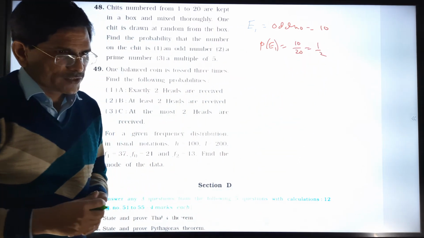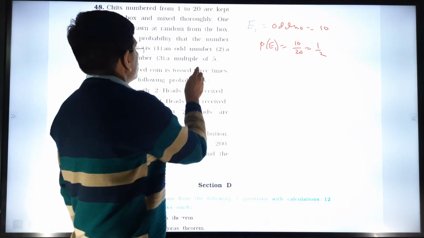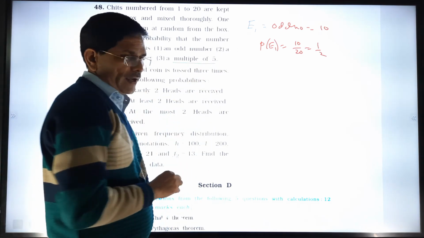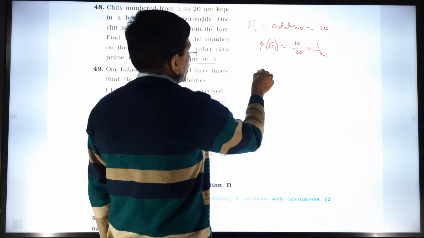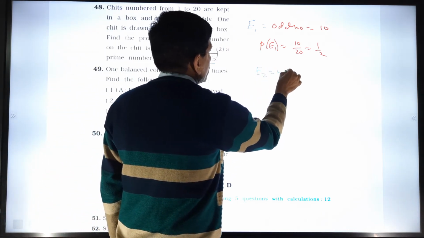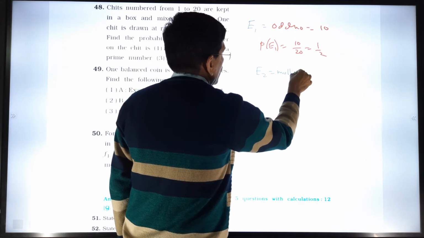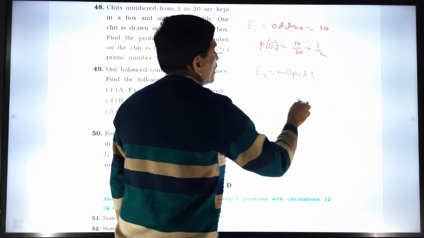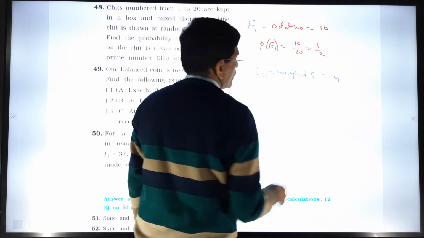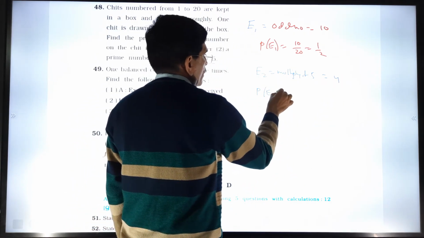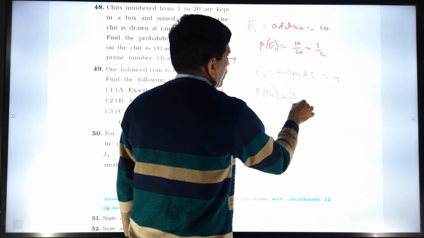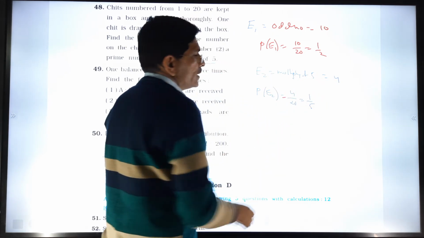We don't want to waste our time here. Same thing, multiple of 5: 5 fours are 20. So P(E2), multiple of 5, that is 4 fives are 20. So 4 terms are there. So now P(E2) is equal to 4 upon 20, so 1 by 5.